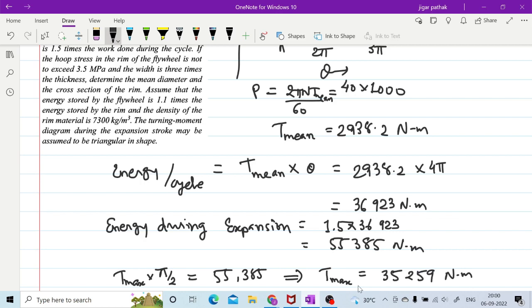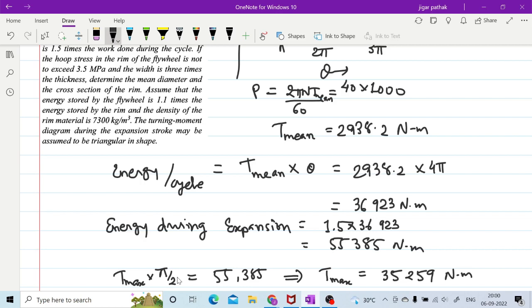Sir, the last line you have written, how can it be? See, whatever this energy during expansion is, that is the angle turned during that time into that particular torque, because energy is T into theta, right?